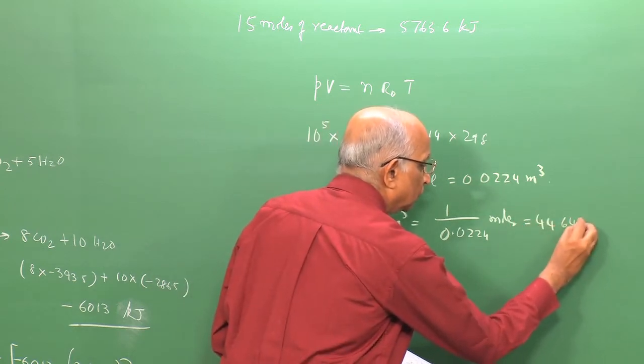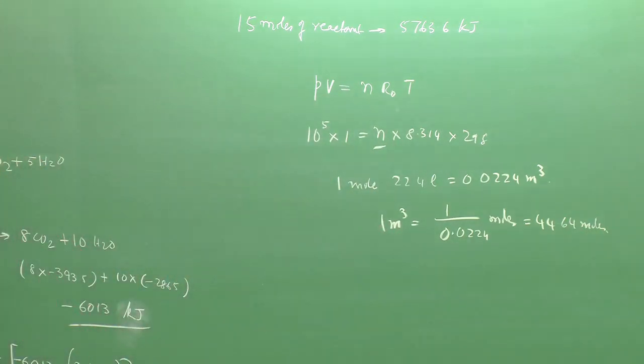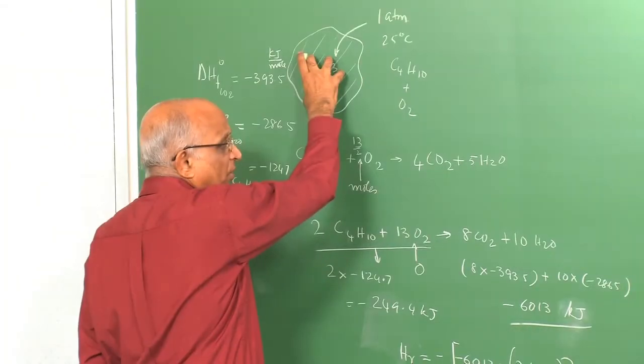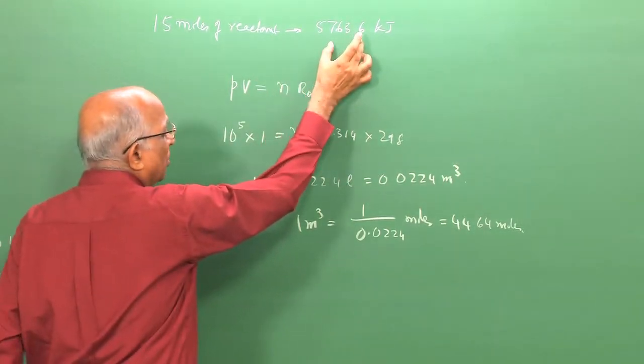Therefore, the number of moles of the reactant over here is 44.6. If I have 15 moles of reactant, I get so much heat.